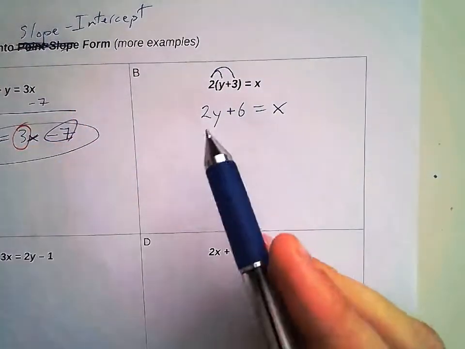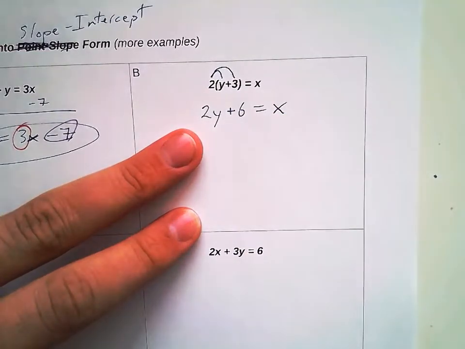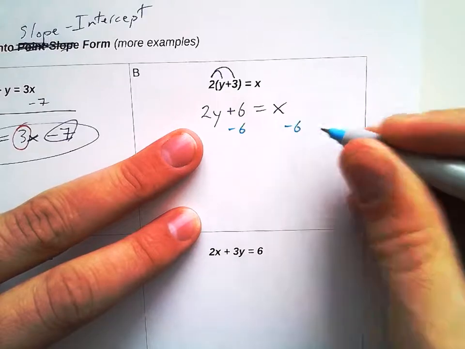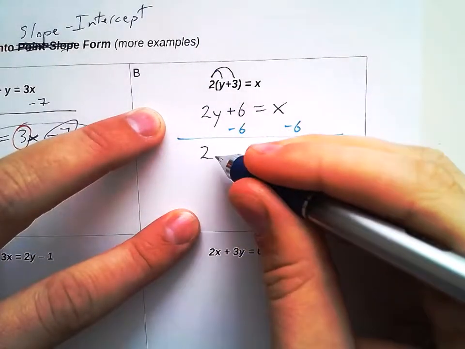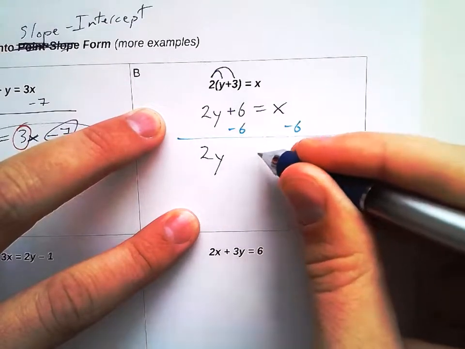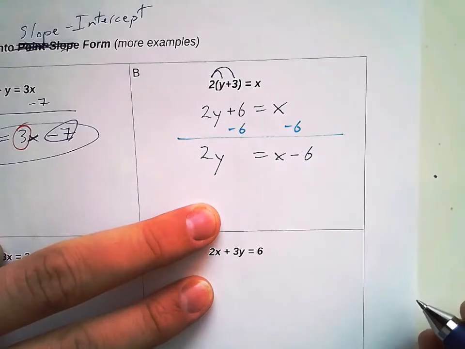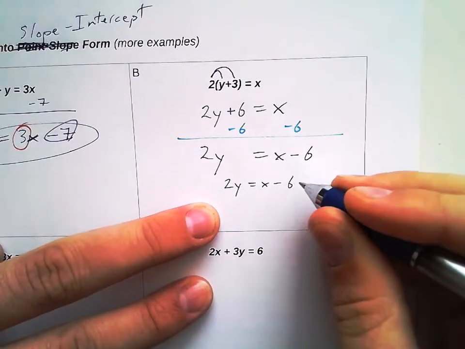Now we can get rid of the stuff that's with y. First, I'll subtract 6 from both sides, and get 2y plus 0 equals x minus 6. 2y equals x minus 6.